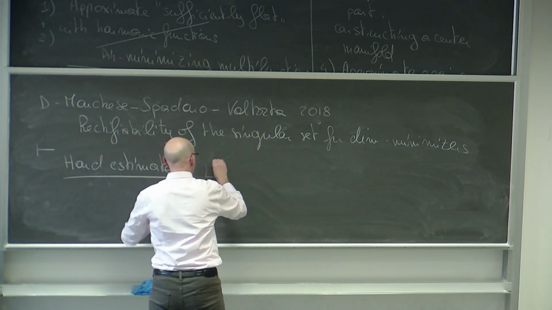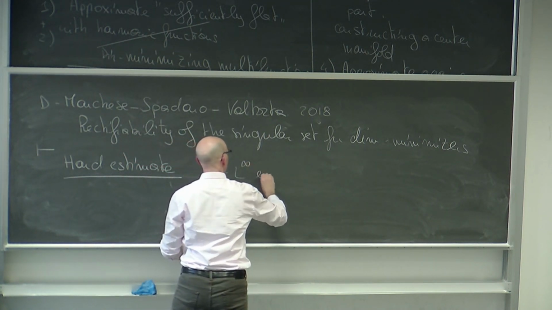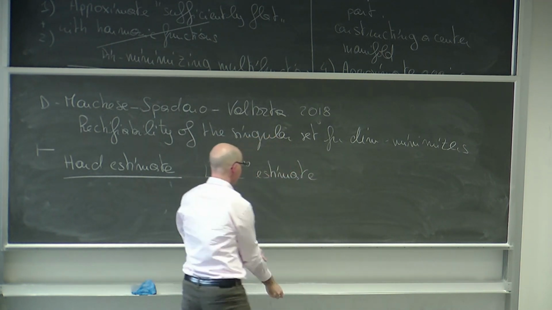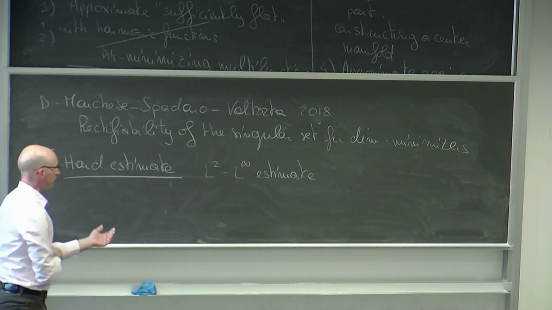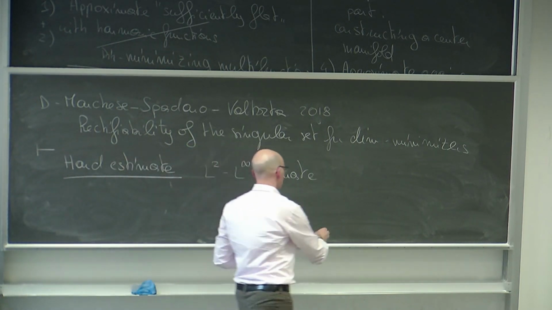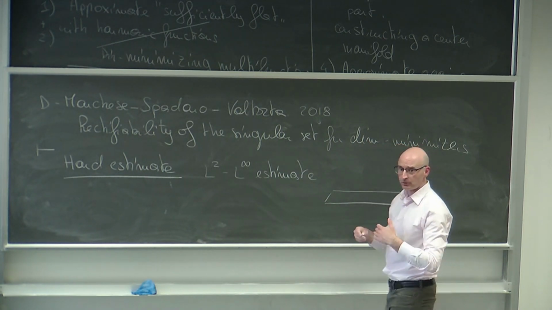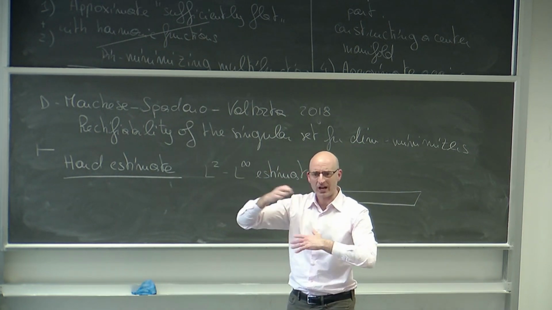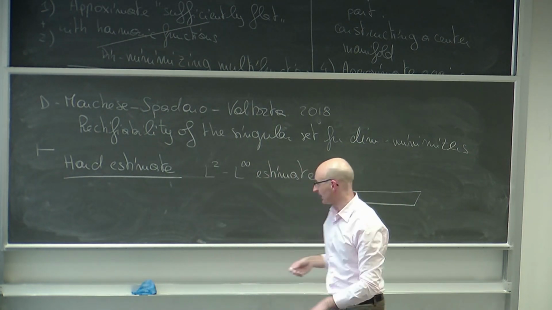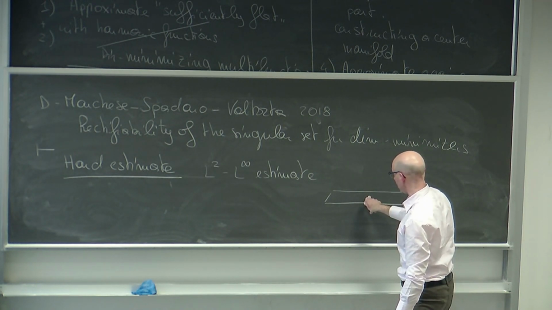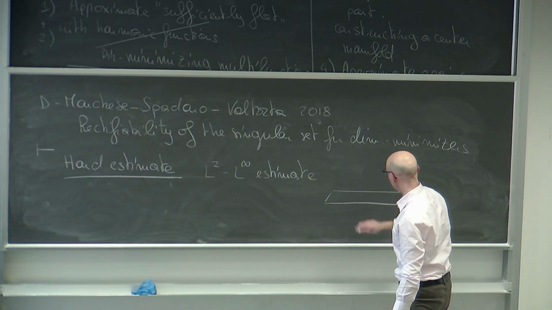So it's some sort of L2 and infinity estimate in the context of currents. This L2 and infinity estimate says the following. With respect to a plane, you have your current, which looks like a branched cover somehow, approximately, and you assume that the L2 distance to this plane is sufficiently small.